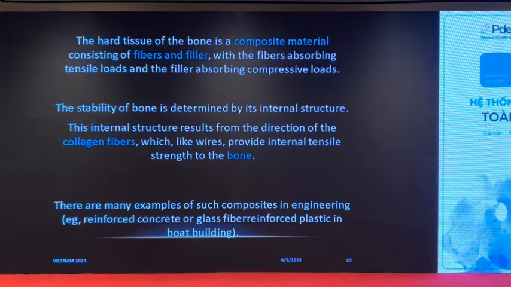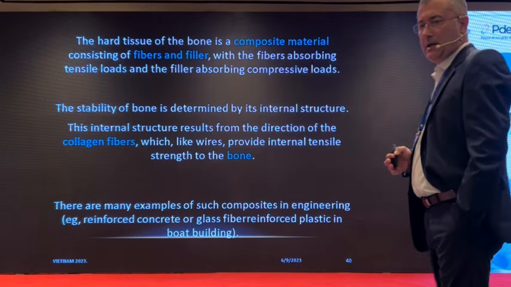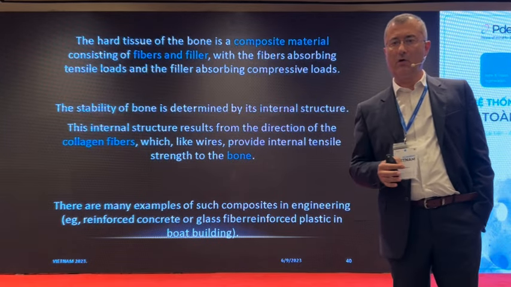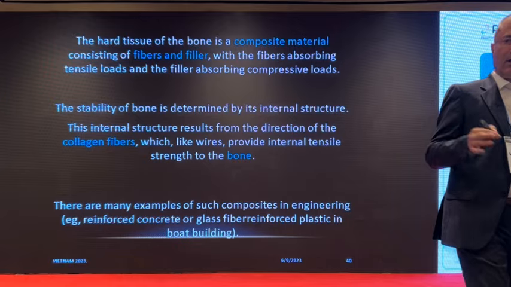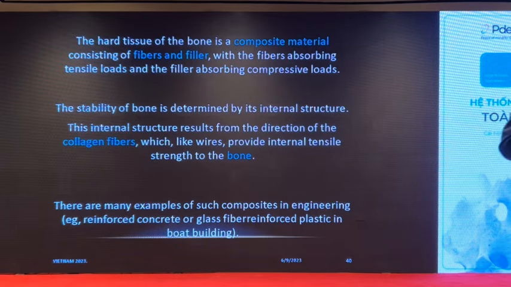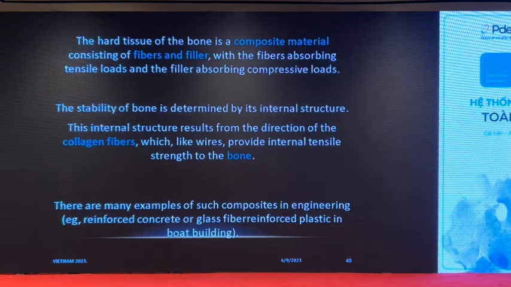The stability of bone is determined by its internal structure. This internal structure results from the orientation of the collagen fibers, which, like wires, provide internal tensile strength to the bone.